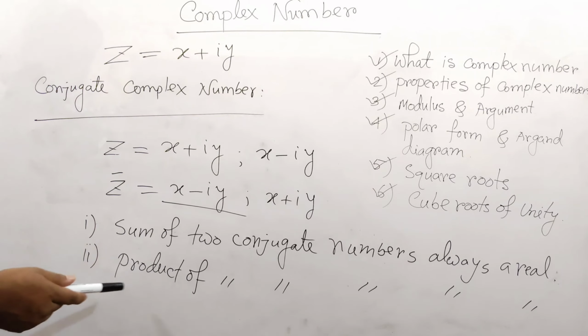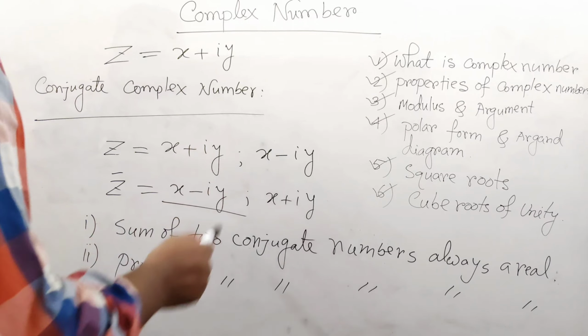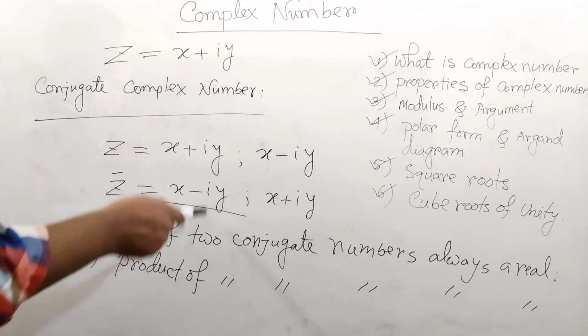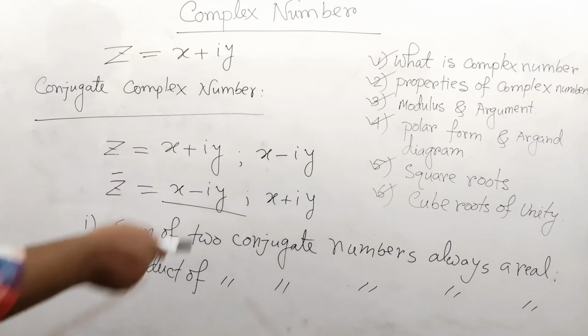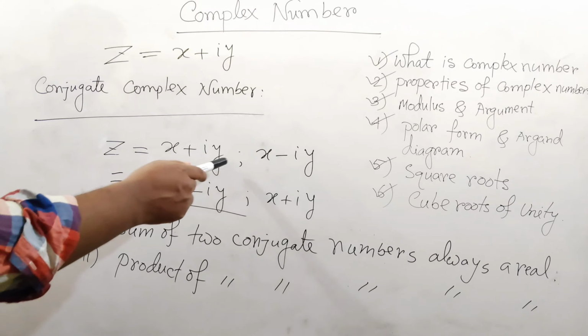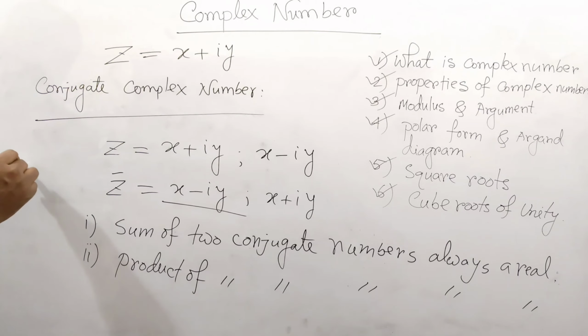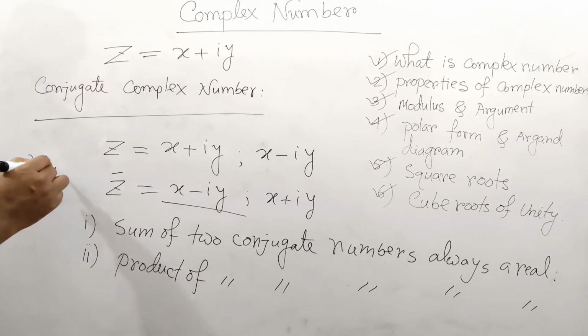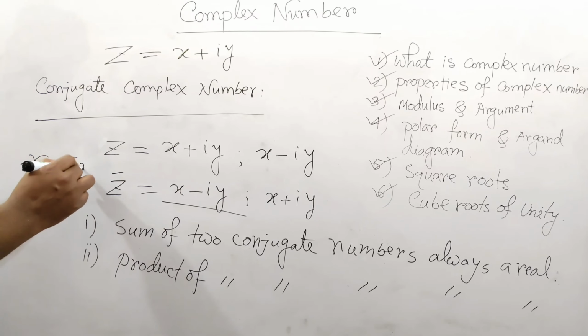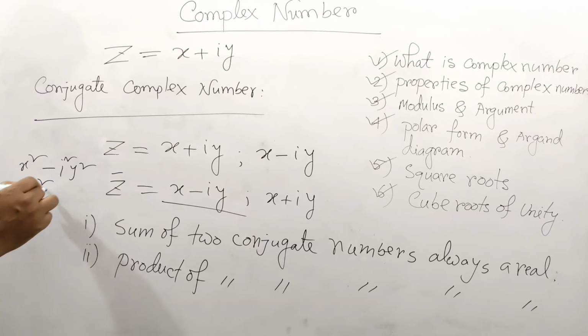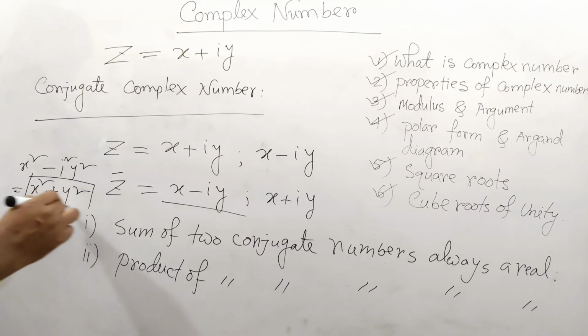Or what is the product of these two conjugate numbers? If you multiply these two, you get the algebraic formula a plus b into a minus b. So you will get x square minus i square y square, or we can write x square plus y square, because i square is negative 1. So this is also a real number. You must keep in mind these two things.